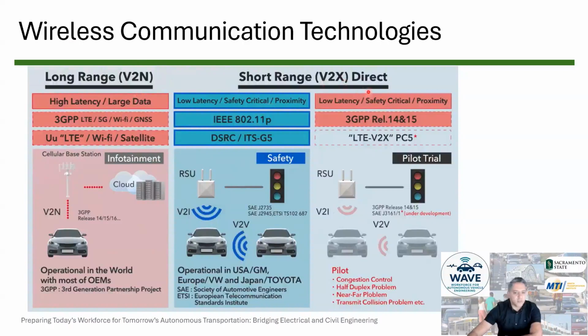And there are some shorter range ones like DSRC, ITS-G5, with low latency. The long range ones have higher latency and can transfer larger data.